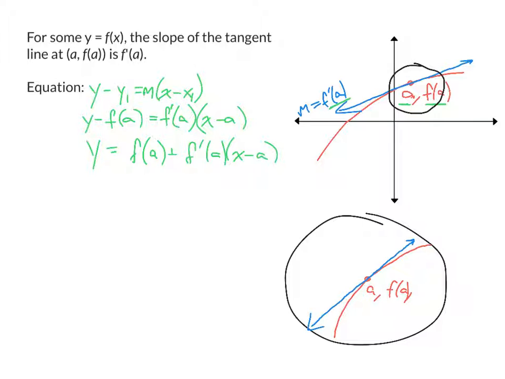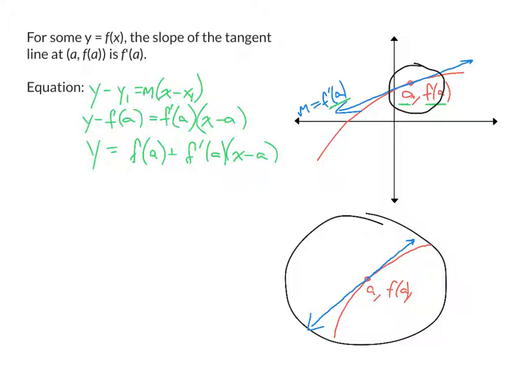So what this does for us is that if we wanted to find some value here at b comma f of b, we could approximate what that value f of b is when given what b is.